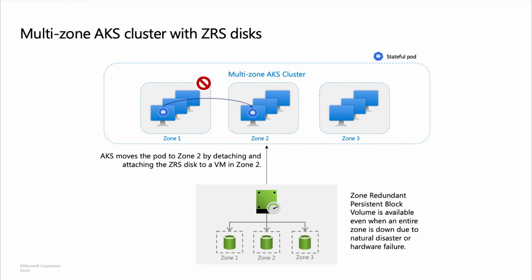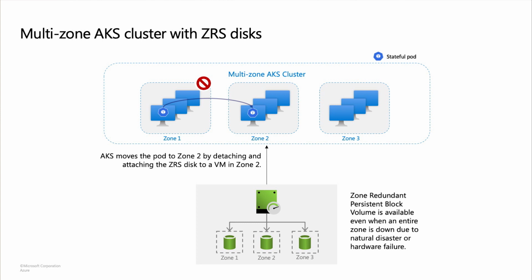Now, let's say you want to host a stateful application on top of this multi-zone AKS cluster. For that, you need to store the data on a storage that can survive even when an entire zone goes down. So let's take an example that zone 1 is down due to a natural disaster or due to hardware failures.